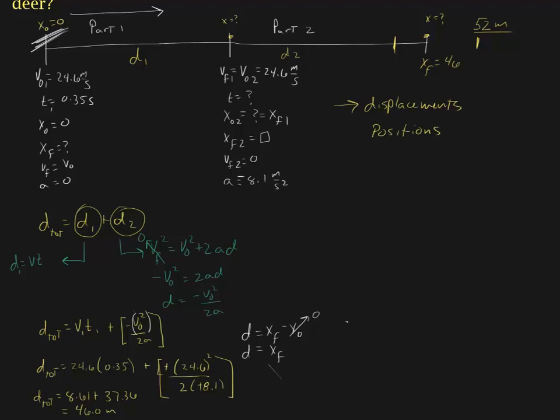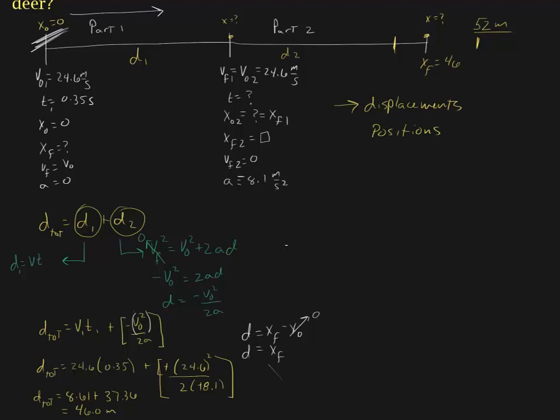Okay, now the other way of solving this problem is to look at positions instead of displacements. And so instead of writing D's, we're going to write X's. And so the question is going to become, well, where do we start? Well, I like to say that you always want to start at the obvious point, and that is part 2.